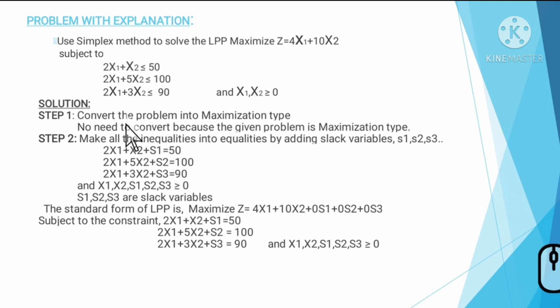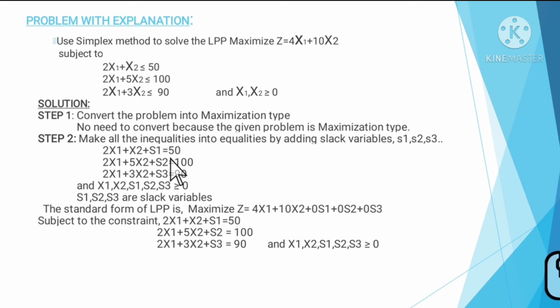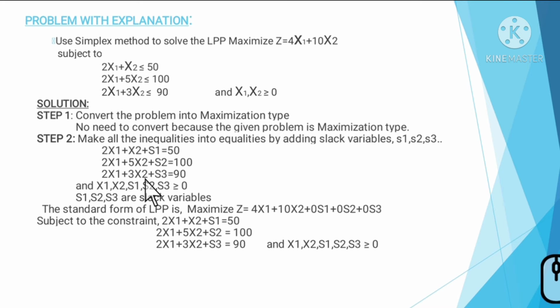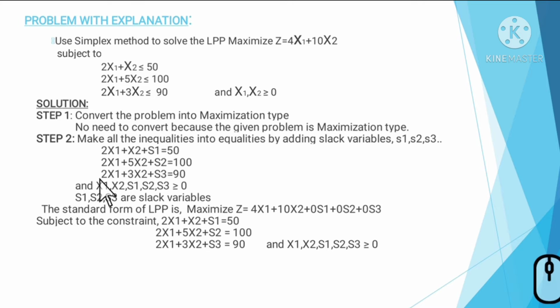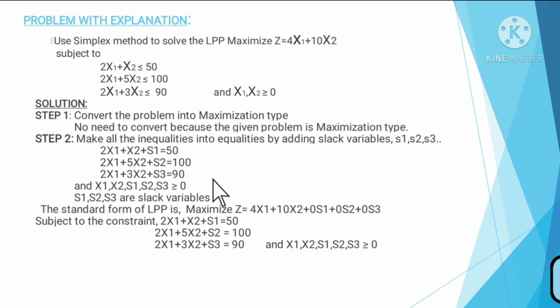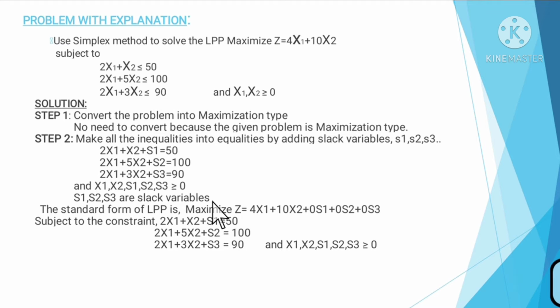Since this is less than or equal to, we add the slack variable s1. 2x1 plus 5x2 plus s2 is equal to 100. 2x1 plus 3x2 plus s3 is equal to 90. And x1, x2, s1, s2, s3 are greater than or equal to 0. Here s1, s2, s3 are the slack variables.